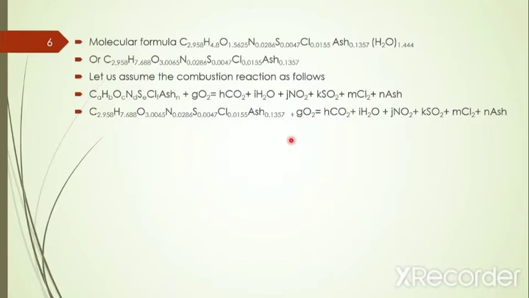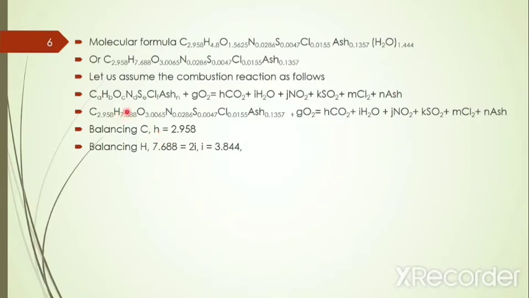First we go for the carbon balance. On the right side we have only H moles of carbon, that is equal to the left side, which has 2.958. So H is 2.958. Now we can go for the balancing of hydrogen.